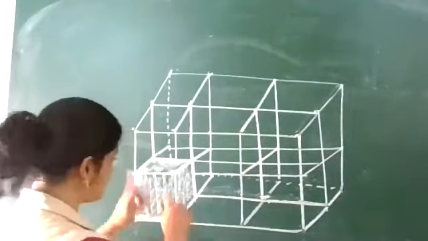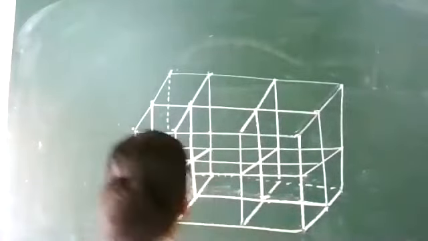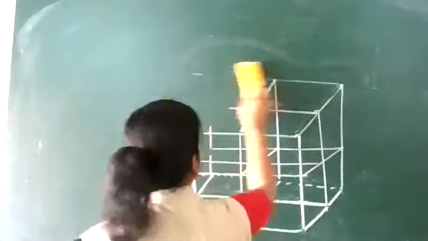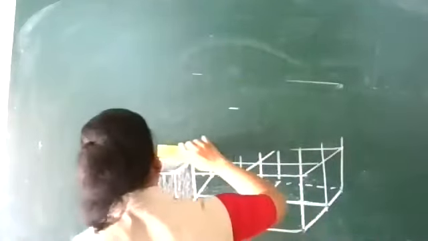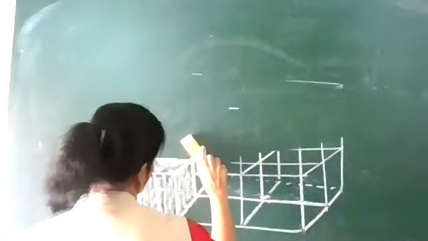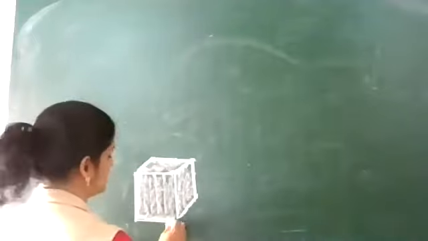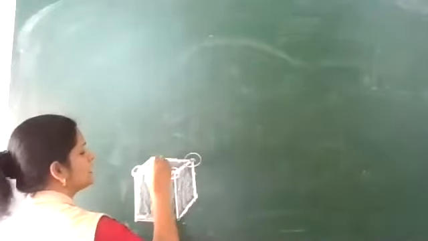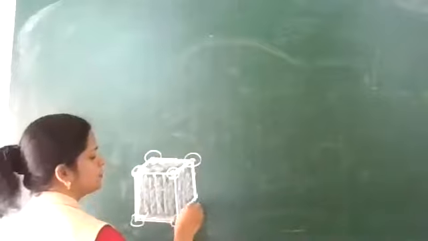Primitive means I am taking only that unit cell. If atoms are present only at the corners, then we call it primitive.